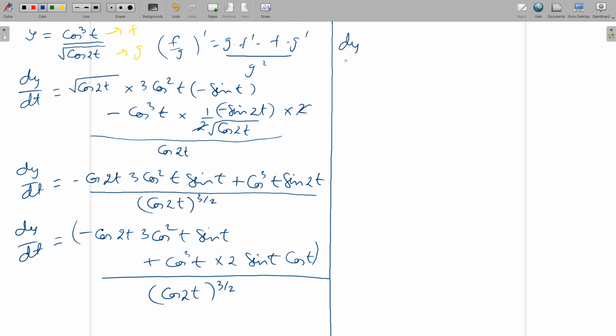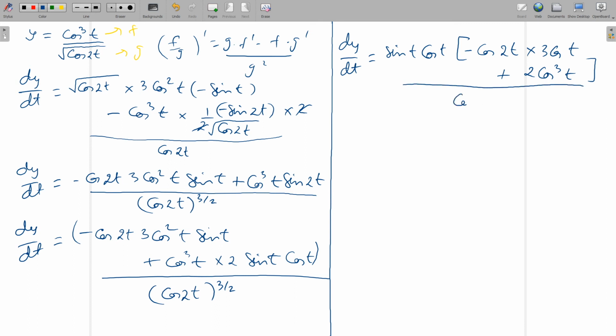Taking sin t cos t common from both terms, what remains is minus cos 2t multiplied by 3 cos t, and in the second part plus 2 cos cube t, and the whole divided by cos 2t raised to 3 by 2, and dy by dt is equal to sin t into cos t.